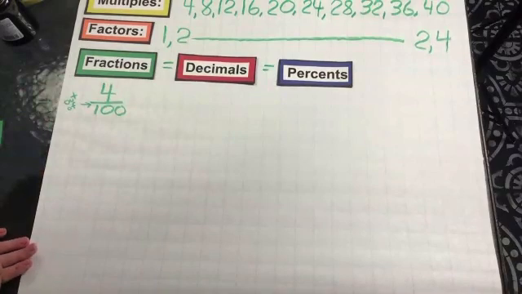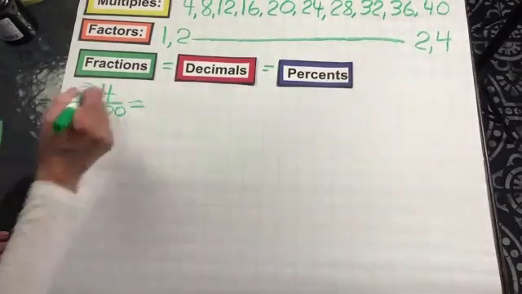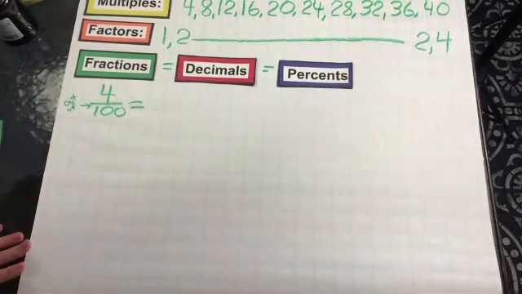Now we look at the 4 and we ask ourselves, can we do an equivalent fraction with this? Let's see. Let's put an equal sign here. Does 4 go into 100? If we think about money, 4 quarters go into $1. So yes, 4 goes into 100.